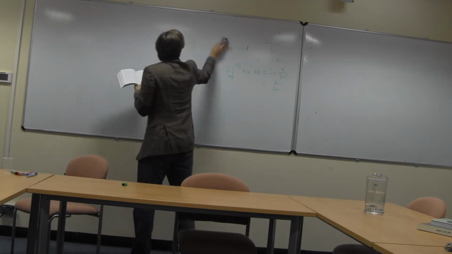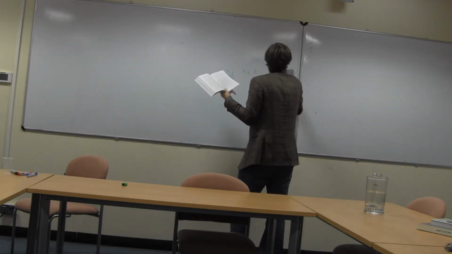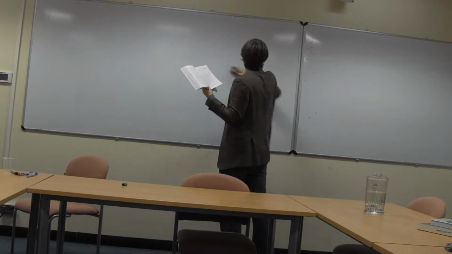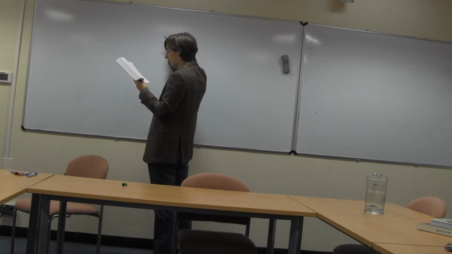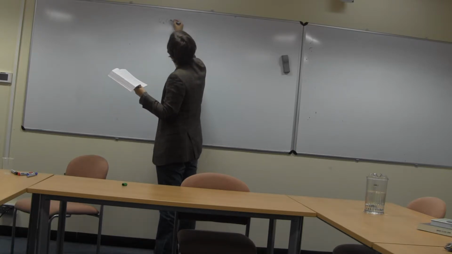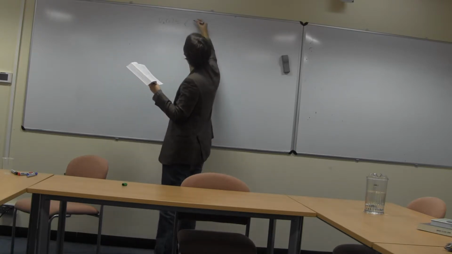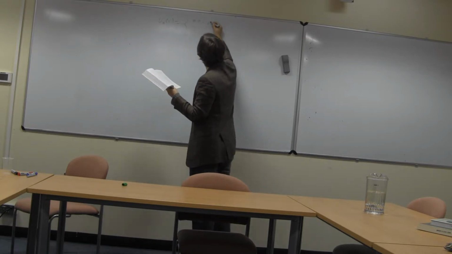Consumers are located on this interval from 0 to 1, and there are two brands, A and B. The utility of a consumer located at point x buying brand i is Ax minus PA or Bx minus PB.